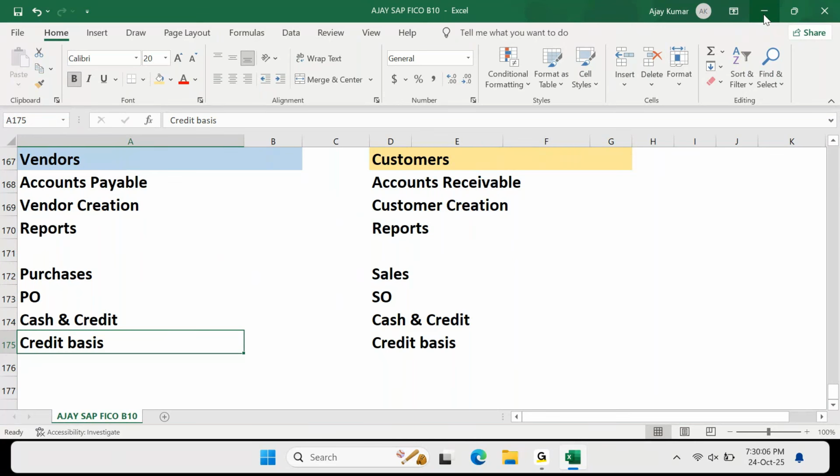You'll say we are liable to pay the vendor, meaning you have something called accounts payable, which is a current liability. Accounts payable is a liability to the company.